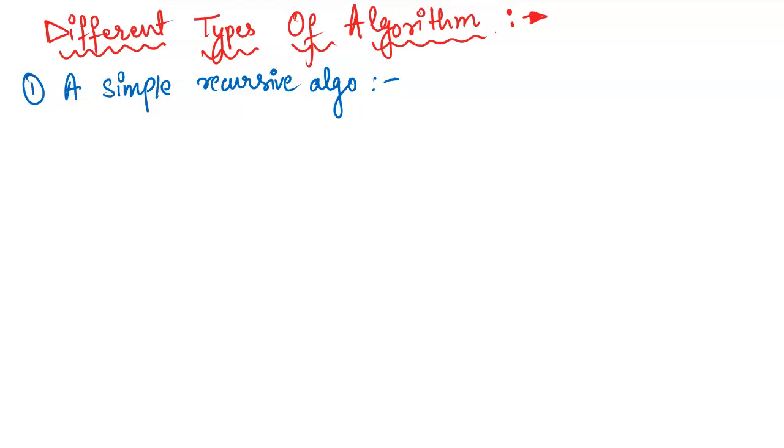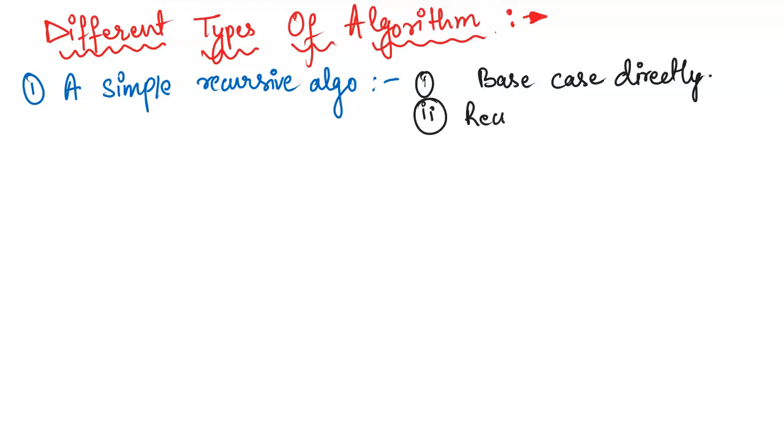In this, what we will basically do is, first we will solve the base case directly. So the first step is to solve the base case directly. Then in the second step we will recurse with a simple subproblem.